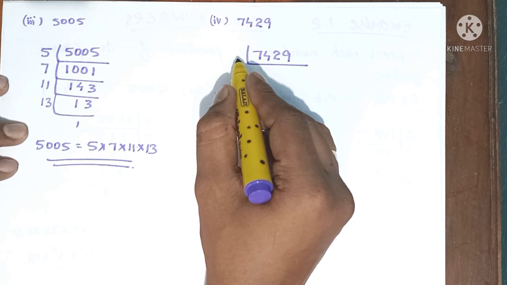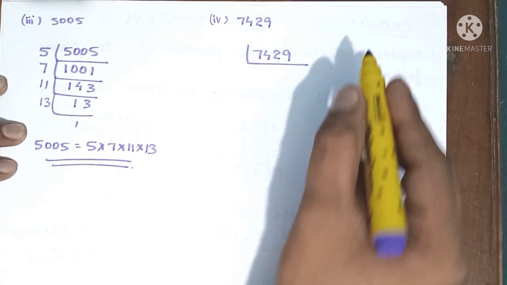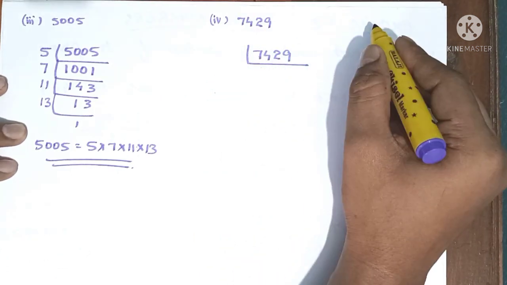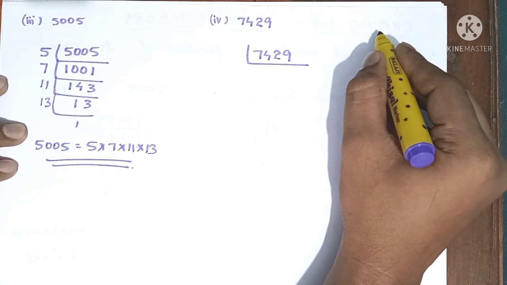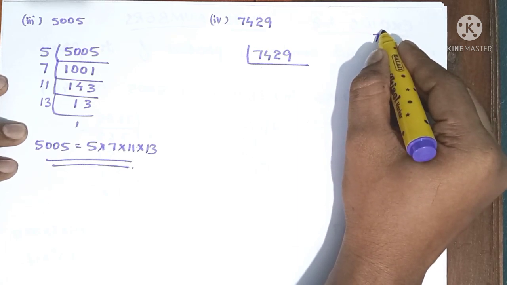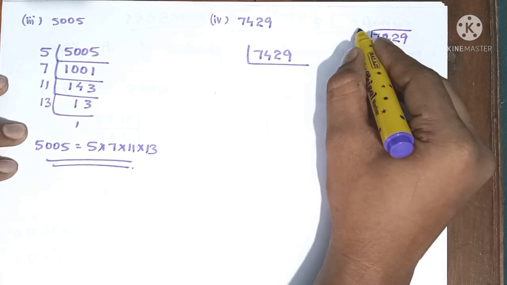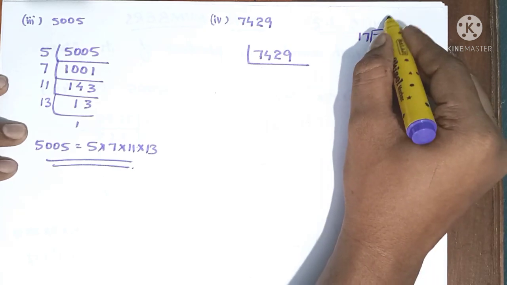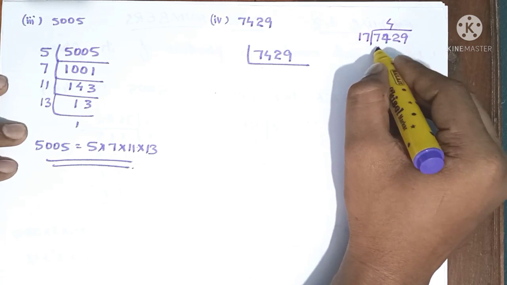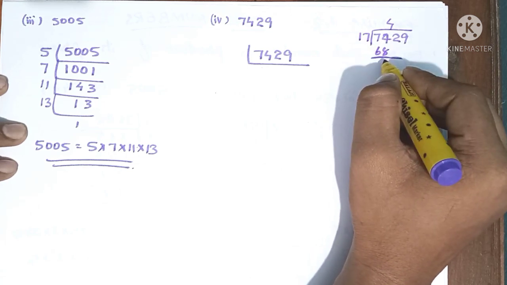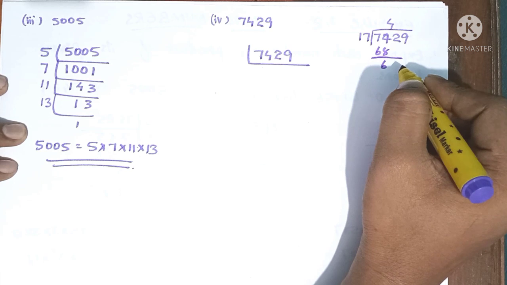So next number is 17. We'll see if 7429 is divisible by 17 or not. We will just try here. 7429 divided by 17. So 4 into 17 is 68. We will get remainder as 6.